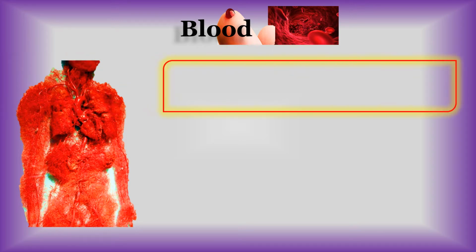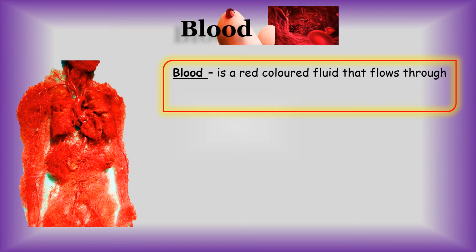After the heart, let's see what blood is. Blood is a red color fluid that flows in our body. Children, you must have noticed that whenever we get a cut on our body, red color liquid comes out. This is blood. So blood is a red fluid that flows in our body through blood vessels.